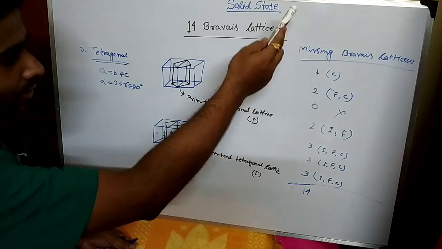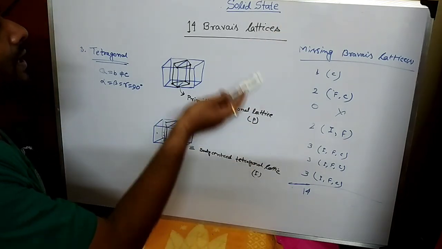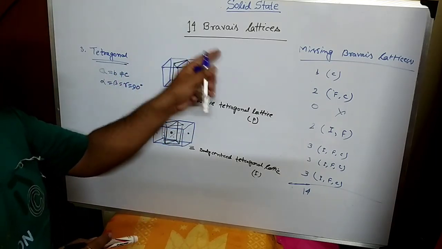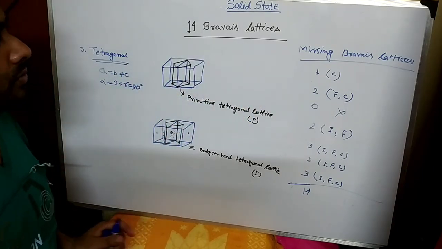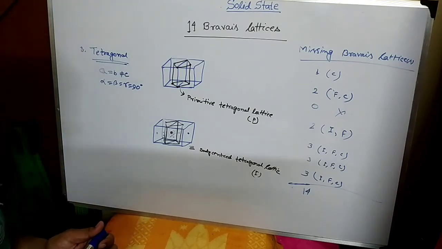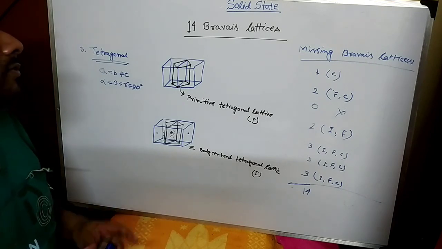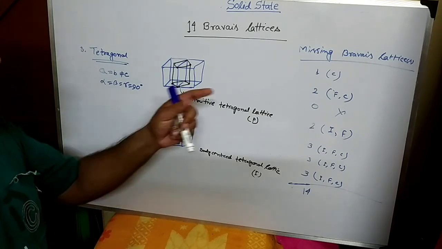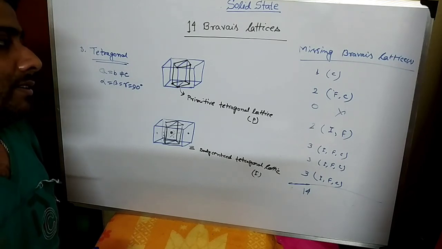So all these 14 will repeat the actual allowed 14 Bravais lattice systems. So still now I think it is clear, and you people have got a clear idea about the 14 Bravais lattice systems and about the missing Bravais lattice systems.